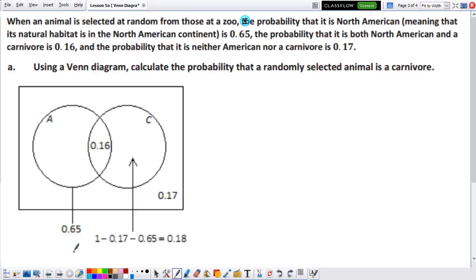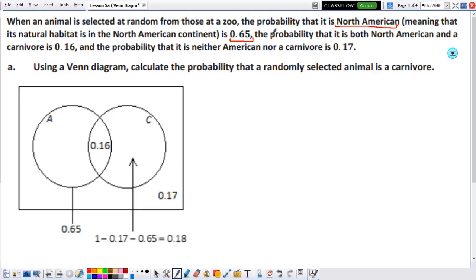Now, if we take a look at the following example, again, the first thing that you want to do is just get familiar with the information that is given to you. So let's read. Now we have that when an animal is selected at random from those at a zoo, the probability that it is North American is 0.65. All right. So if it's from North America, the probability is 0.65.